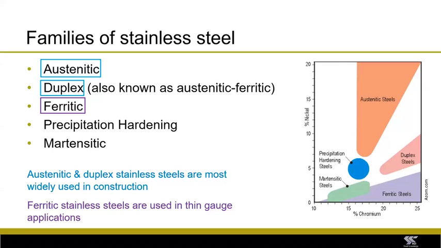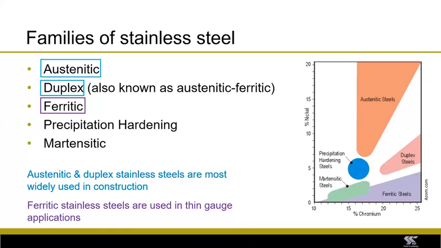Then we have the family of ferritic stainless steels, and they generally are useful for thin gauge applications, where perhaps galvanized steel isn't corrosion resistant enough. Often they're used internally for shop fitting.